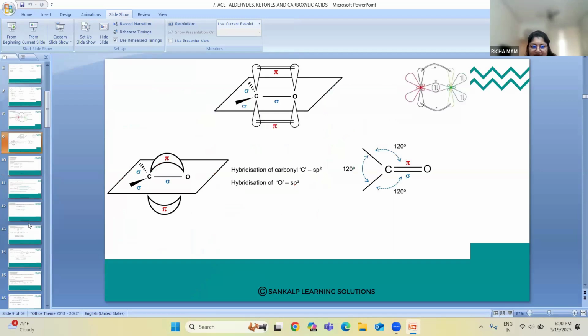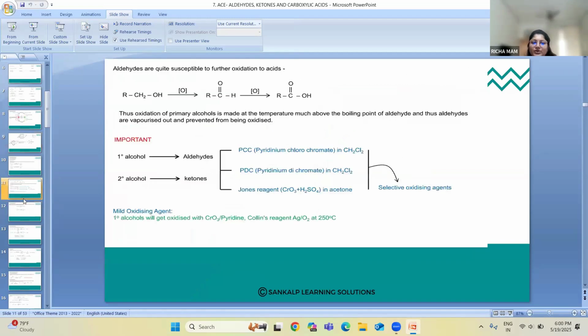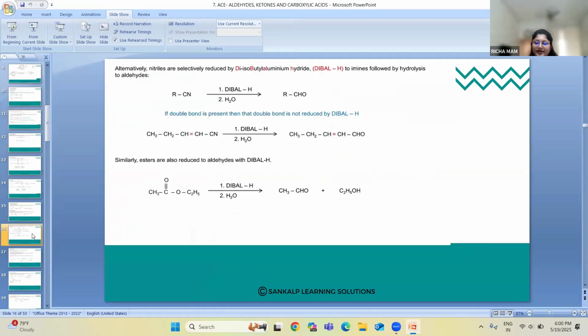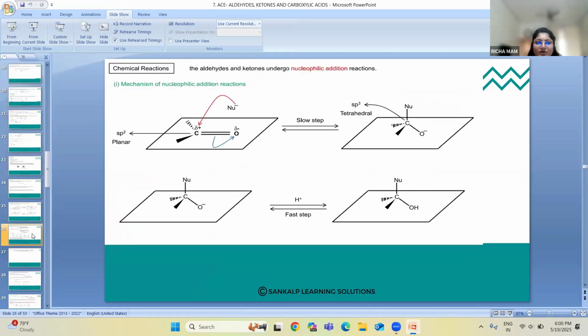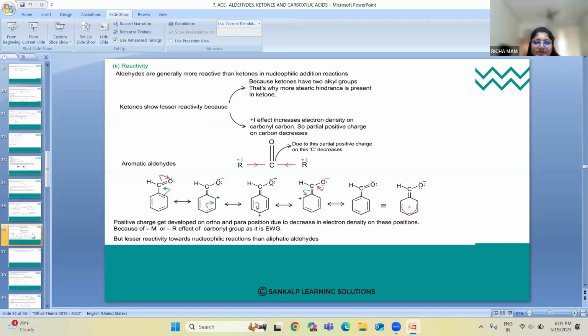The last part we discussed was the nucleophilic addition reaction, the mechanism: how the nucleophile attacks the carbonyl carbon and how the addition takes place. So these things we have discussed.